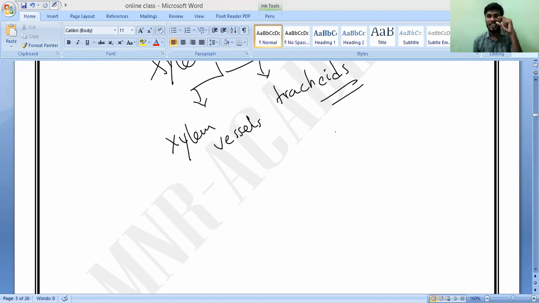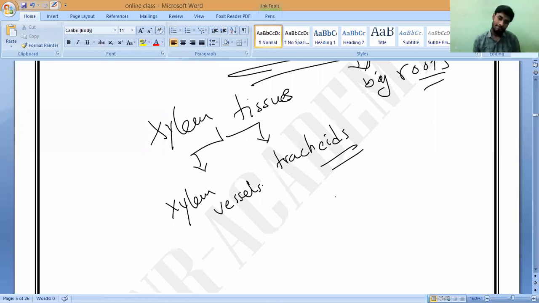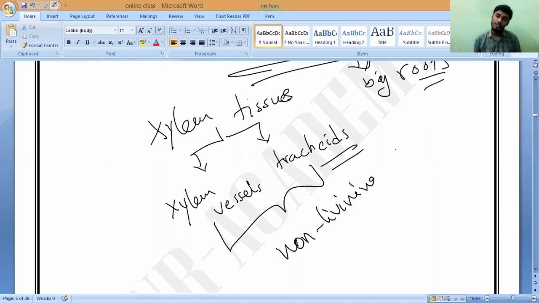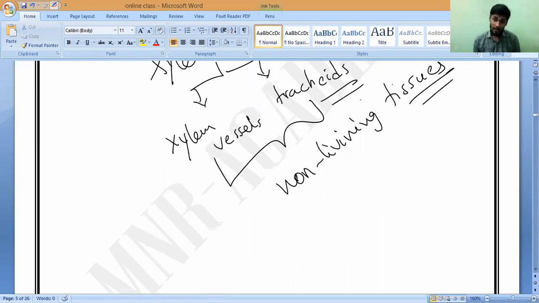Their wall thickness is a little bit larger, that's all. Here also an MCQ question is non-living. That word is also very important. Non-living conducting tissues. So which parts of the plants are non-living conducting tissues?